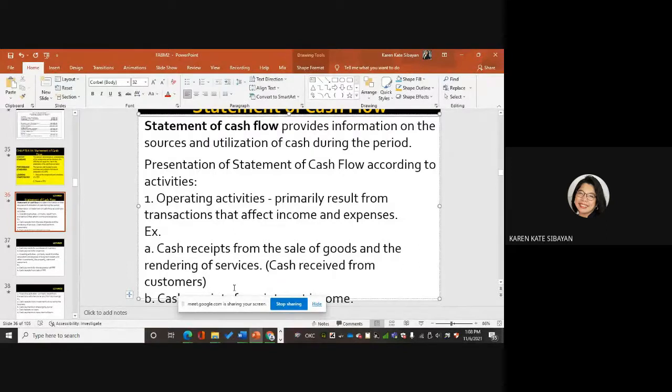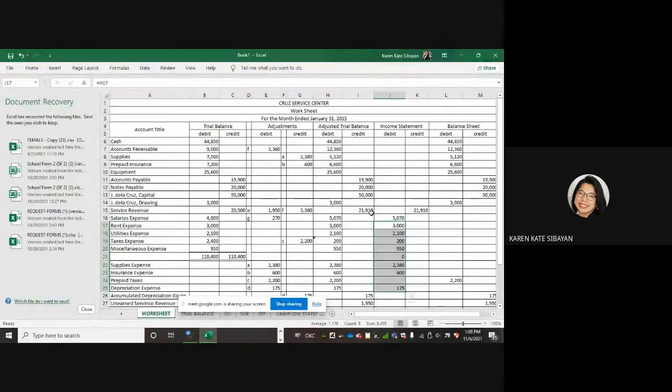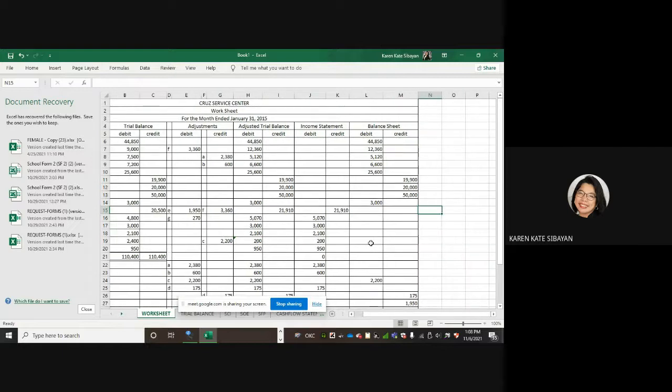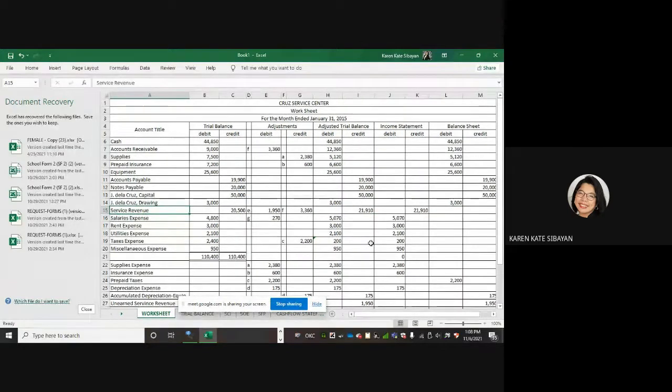Now, look, class, was there any cash received from customers just by looking at your working paper? Let's go back to our working paper. Do you think there is? Ma'am, why can't I see any? Are you sure you can't see any? Look, analyze. What's placed there is only the total.